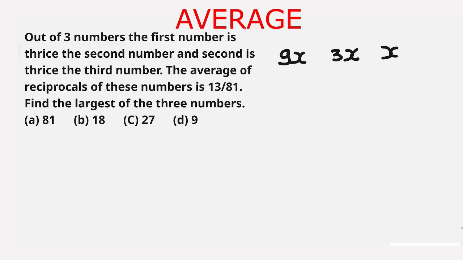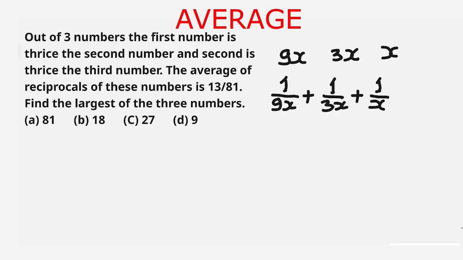It is given that the average of reciprocal of these numbers is 13/81. So we find the sum of the reciprocals of these numbers, which is 1/9x plus 1/3x plus 1/x.